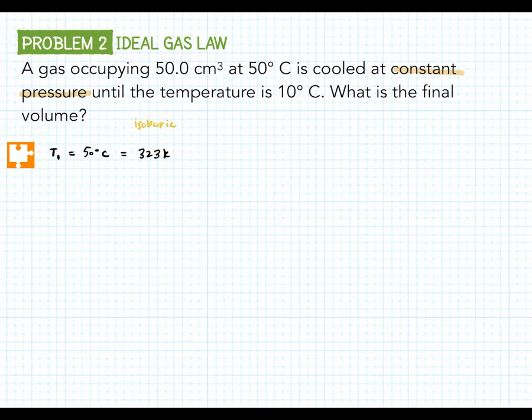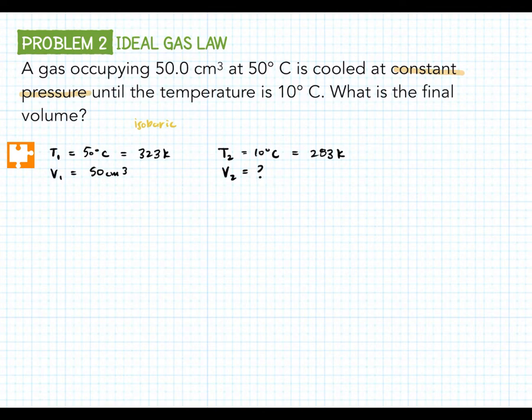We know that volume 1 is equal to 50 centimeters cubed. Now, normally we would convert this to meters, but I'll show you why we don't need to do that in a minute. And then temperature 2 is going to be cooler. That's going to be 10 degrees Celsius, which is going to be 283 Kelvin. Remember, we just add 273 to Celsius to get Kelvin. What we don't know is V2.